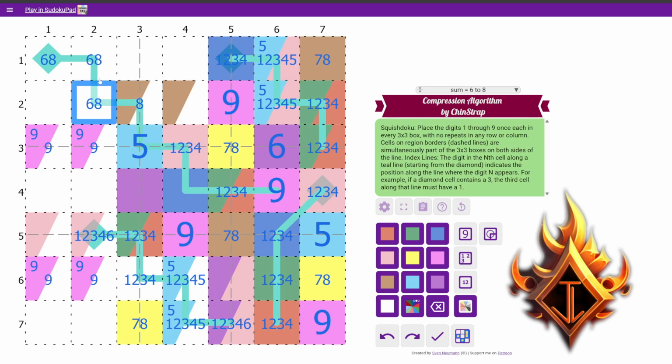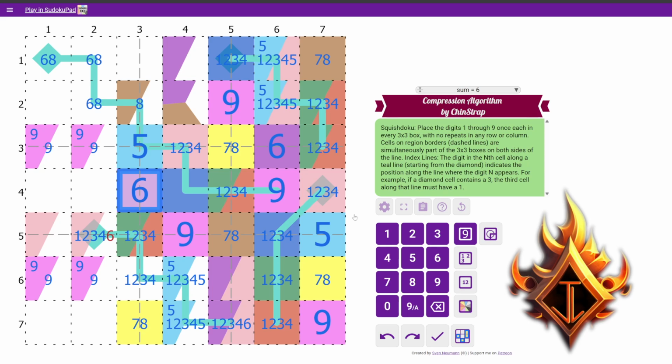It will be in one of these boxes, but it must be in one of these as well. Okay. That is a 6. There will be a 6 in one of these, and that cannot be a 6.